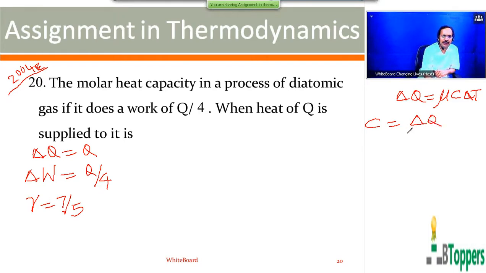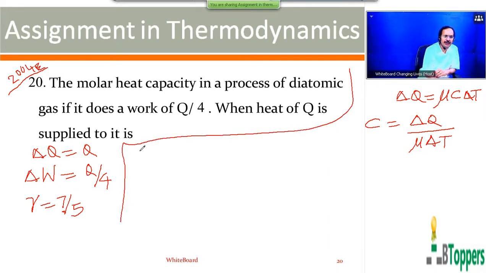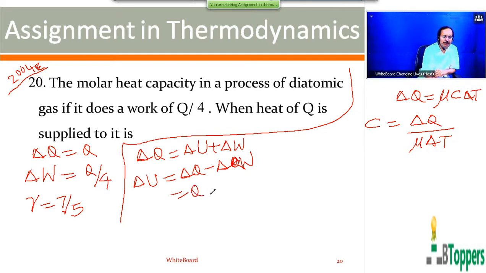So you can write molar specific heat of the gas in any process as delta Q by nu into delta T. So you have to find nu into delta T. You can apply the first law of thermodynamics: delta Q is equal to delta U plus delta W. So the change in energy of the gas in the given process is delta Q minus delta W. Delta Q can be replaced by Q and delta W by Q by 4, and the change in energy of the gas in the given process will be 3Q by 4.